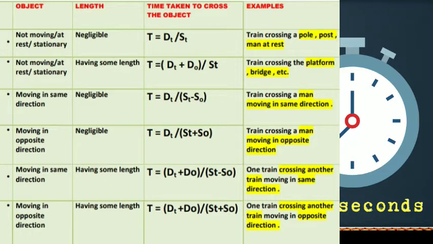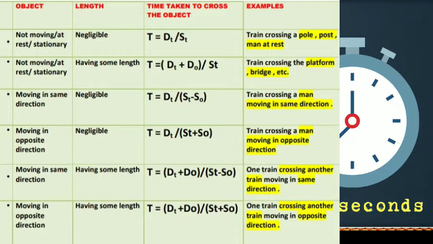As you can see in this table, if the object is not moving and its length is negligible, then the time taken to cross the object is t equals dt by st, because the object's length is negligible, near about 0, so we haven't taken its distance.